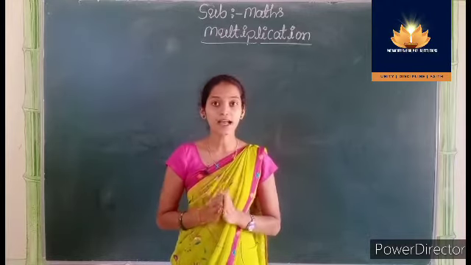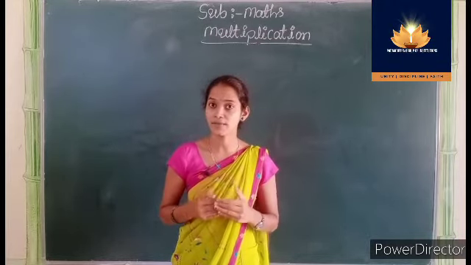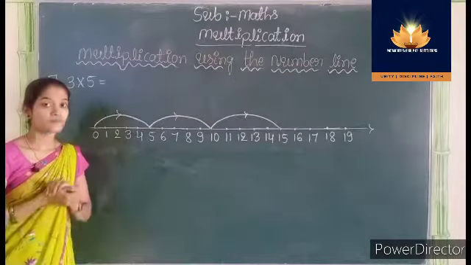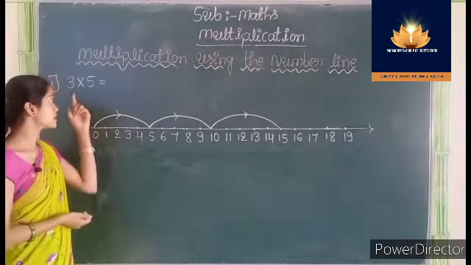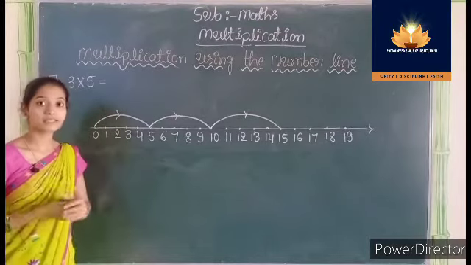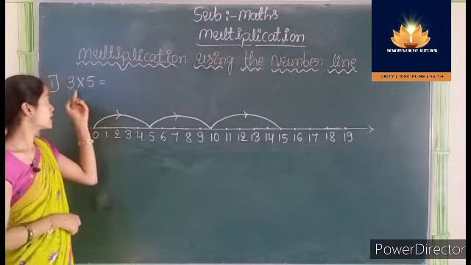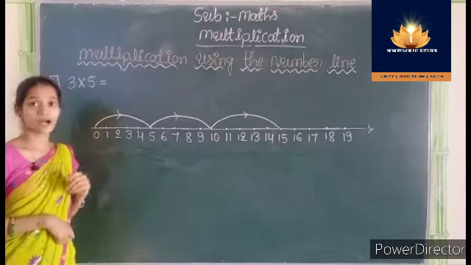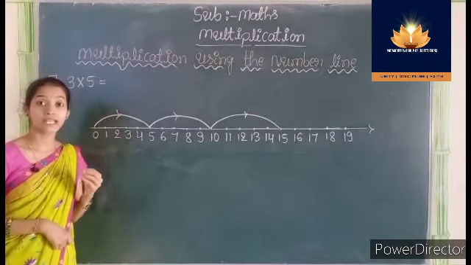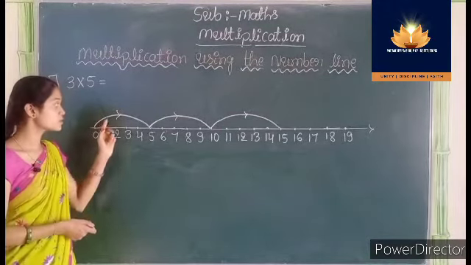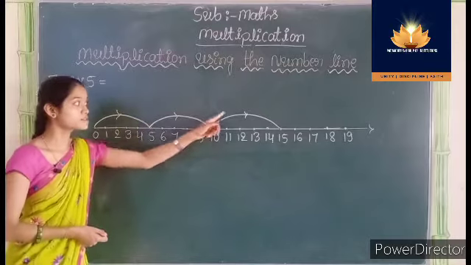So, let us learn how to multiply numbers using a number line. Students, we have to find out 3 into 5 is equal to how much using this number line. 3 into 5 or 3 times 5 means 3 jumps of 5. So these are called jumps.